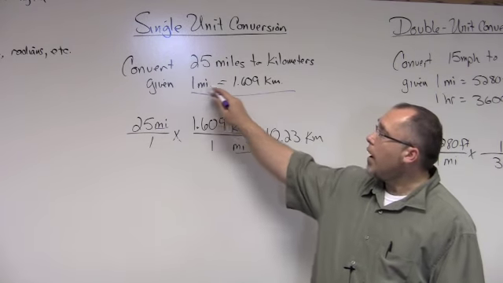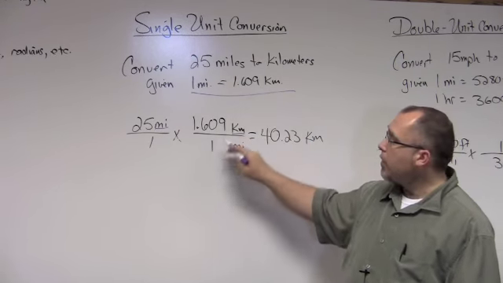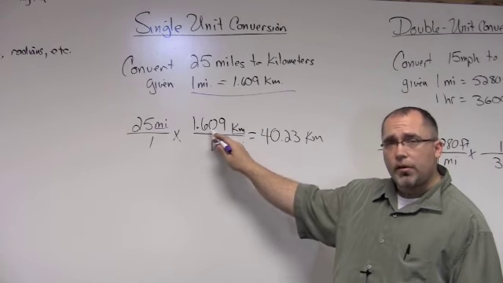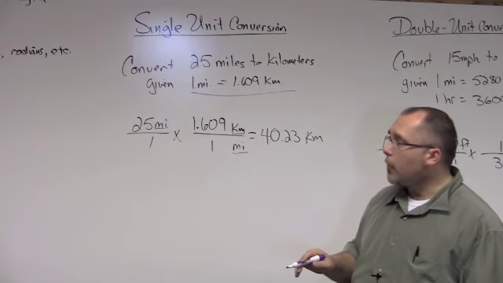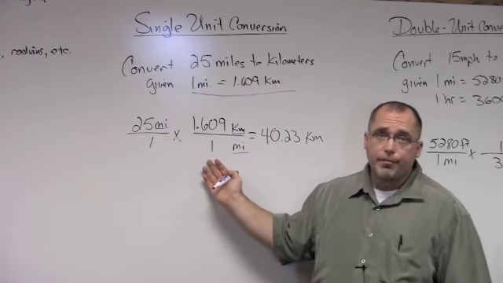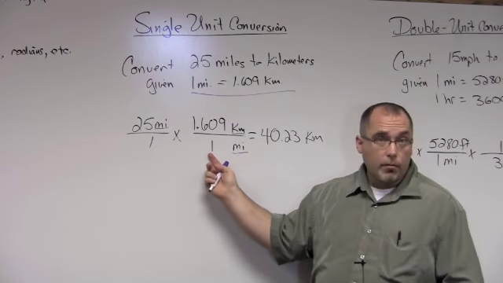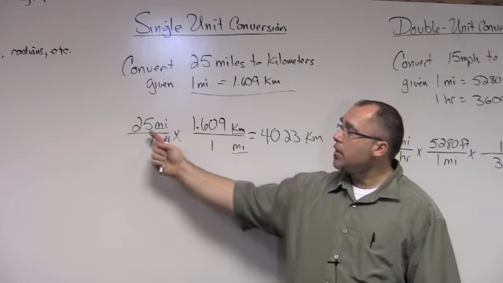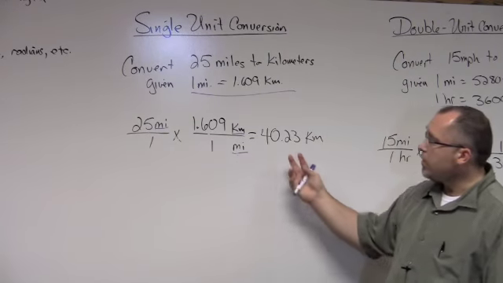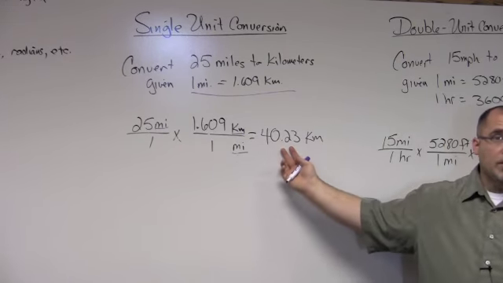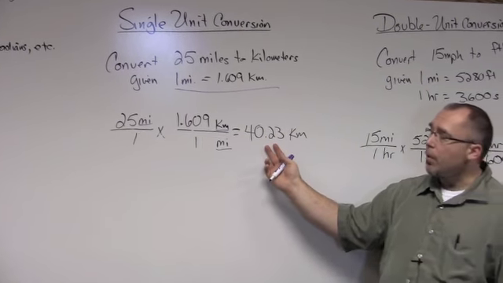And then since in 1 mile we have 1.609 kilometers, the 1 goes with the mile, 1.609 goes with the kilometers, and then you're basically multiplying fractions. If both of them are up top, you simply multiply. If one is up top and one's on the bottom, you divide. Easy as that. In this case, we're taking 25 times 1.609. We get approximately 40.23 if I round it to 2 decimal places.